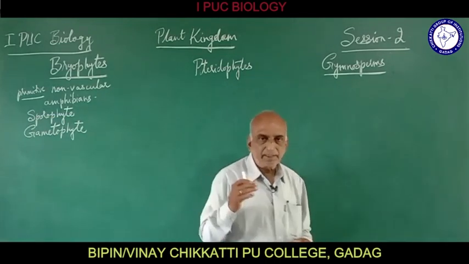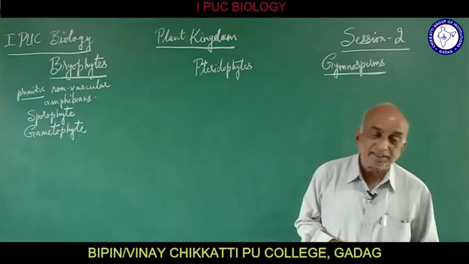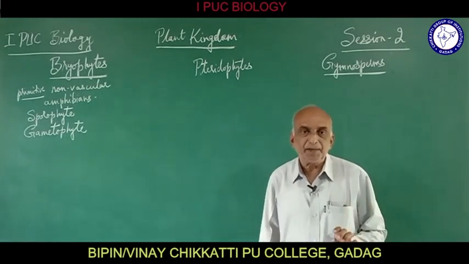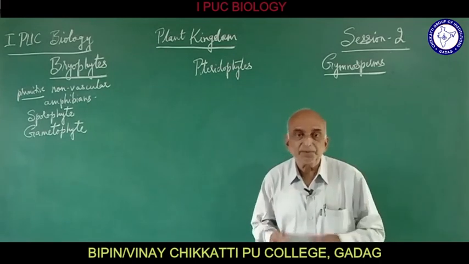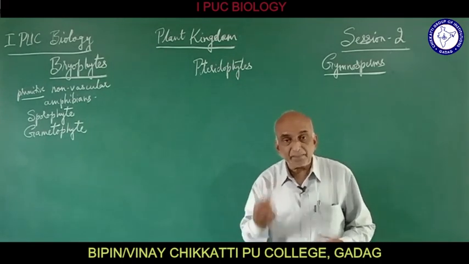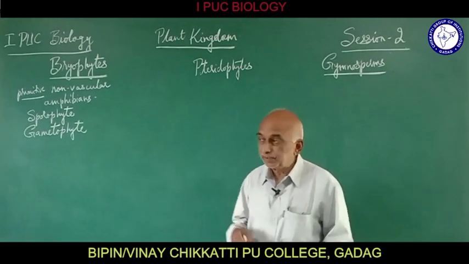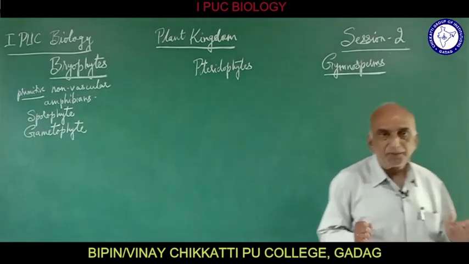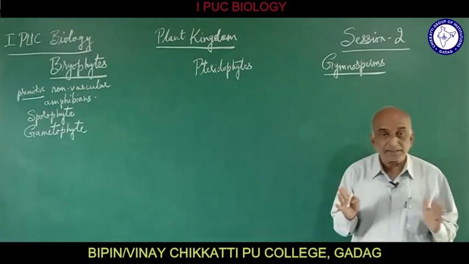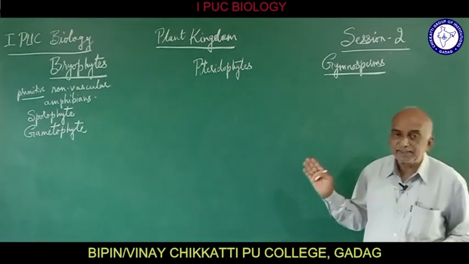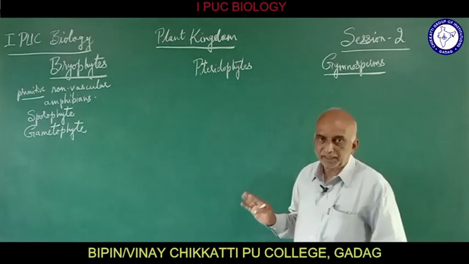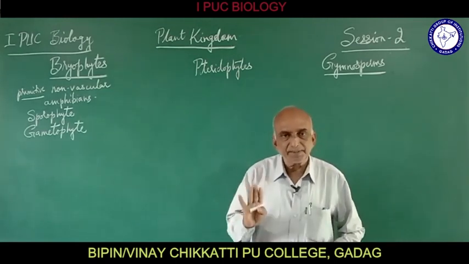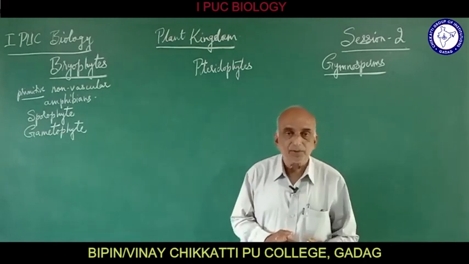The word Gametophyte itself suggests it is the stage of the plant which produces gametes, or in other words which is involved in sexual reproduction. So the Gametophyte is the stage of the plant which produces male and female gametes. When we say gametes, it means sexual reproduction.